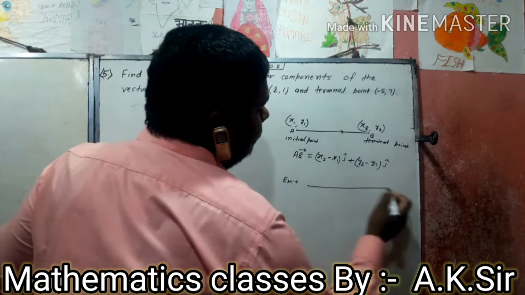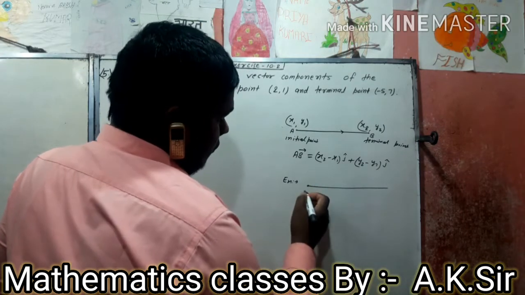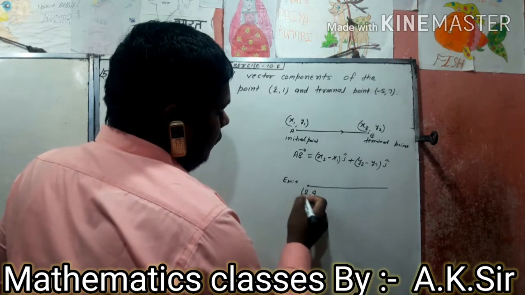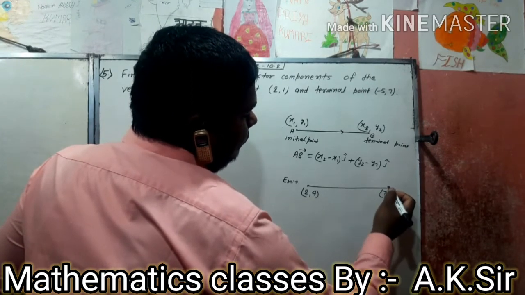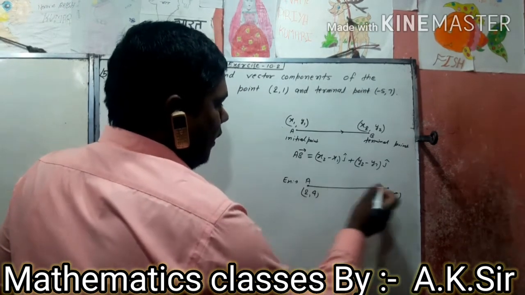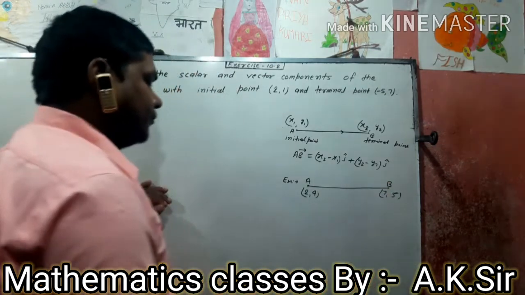For example, A is (2, 4) and B is (7, 5).